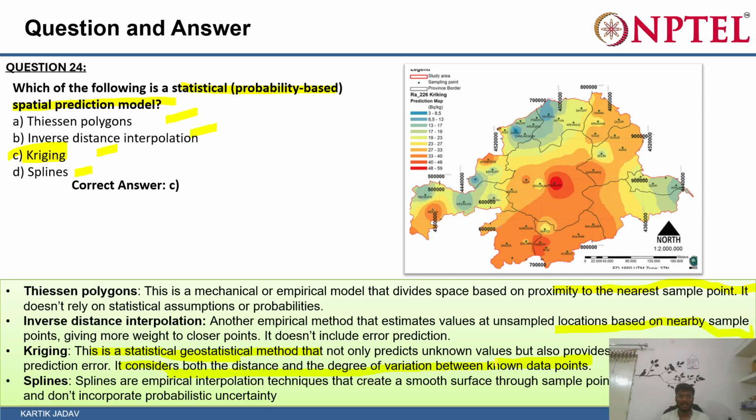Splines are empirical again, and they create a smooth surface through sample points. They are deterministic and don't incorporate probabilistic distribution uncertainties. So from this figure, you can see the IDW predicted values. Okay, so that shows unsampled location values, as well as related statistical errors.